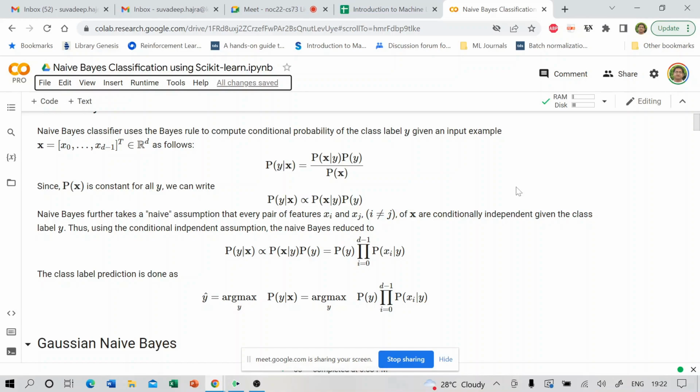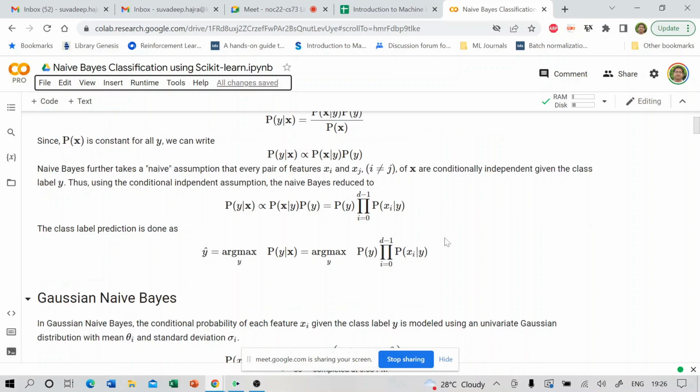Then you can use a mixture of those kinds of naive Bayes algorithms: for the real features you can use a Gaussian model, and for the binomial features you can use a Bernoulli model. So you can do a mixture of those kinds of modeling.